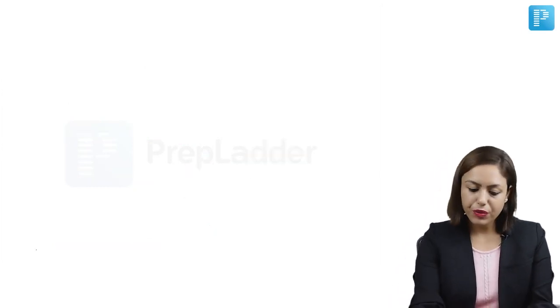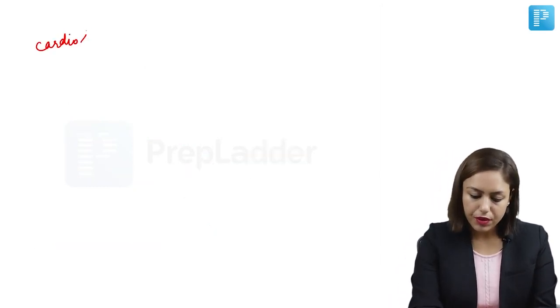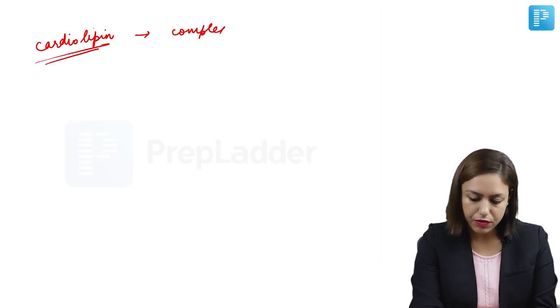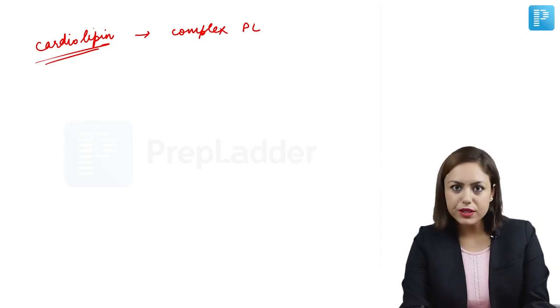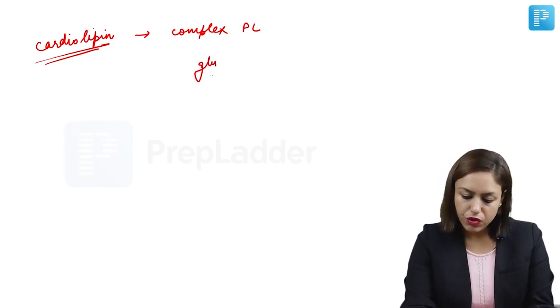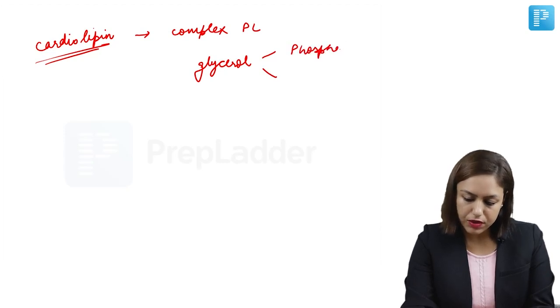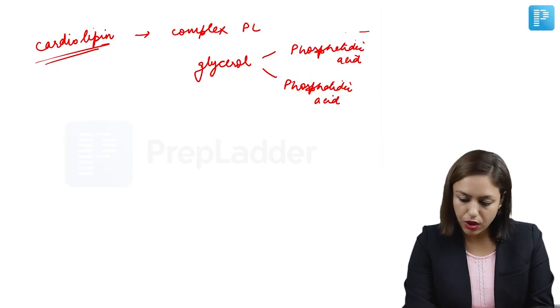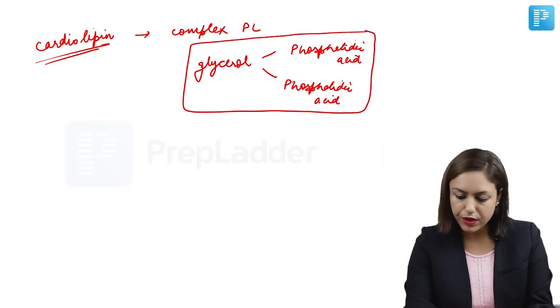Then the next phospholipid is cardiolipin. Cardiolipin is a complex phospholipid. The structure is complex, that is, glycerol is attached to 2 phosphatidic acids. I repeat, glycerol attached to 2 phosphatidic acids.